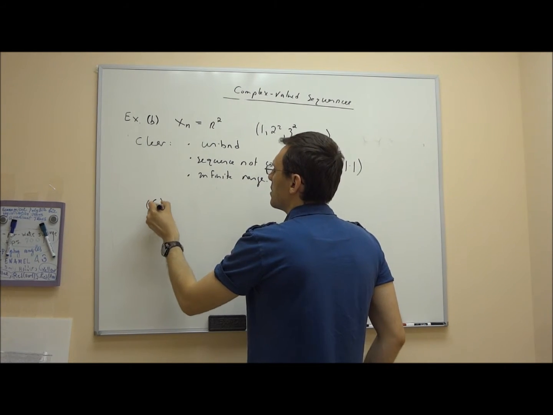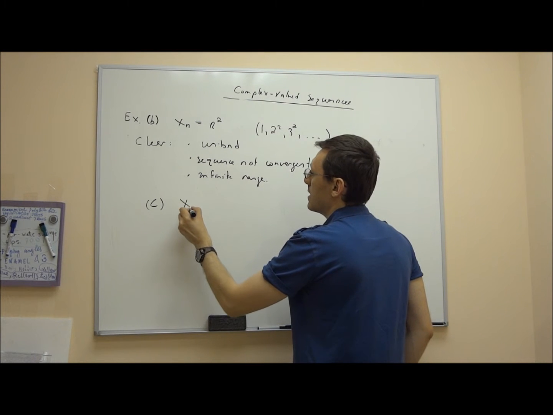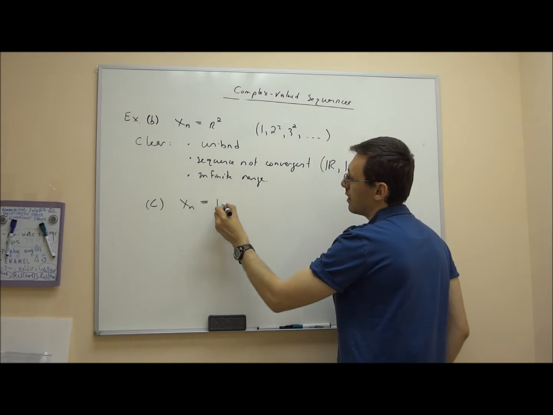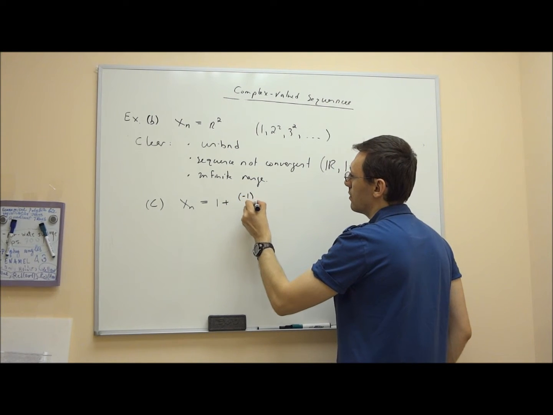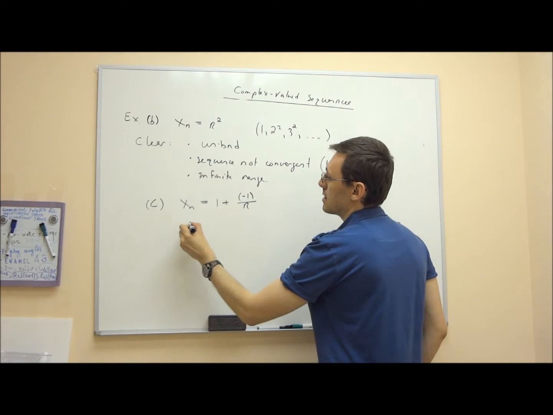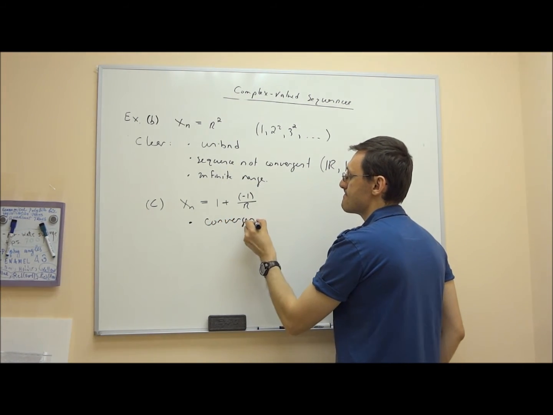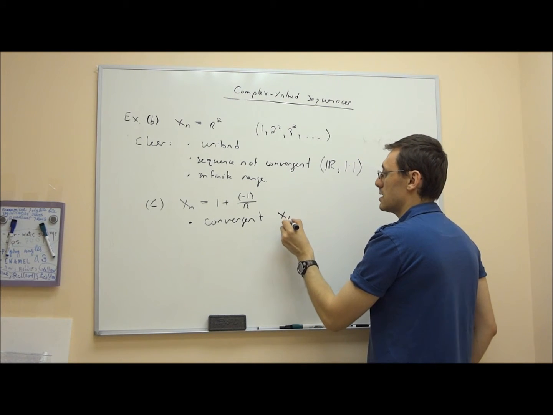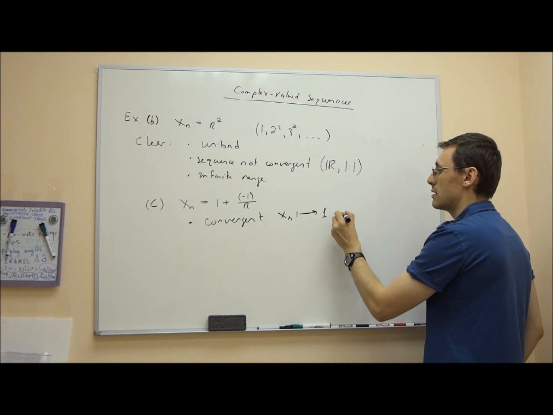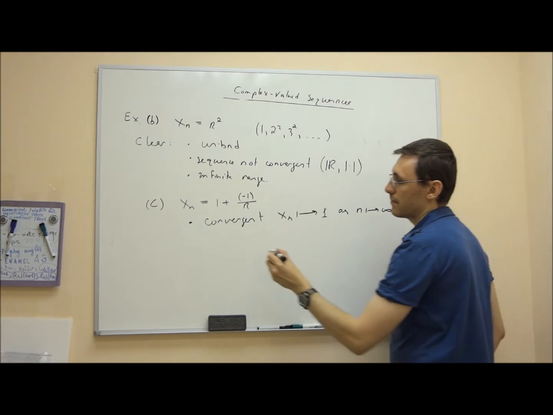Here is one other example. Suppose that we have x_n given by 1 plus minus 1 over n. So this sequence is convergent. So you can say x_n goes to 1 as n goes to infinity, so it converges.